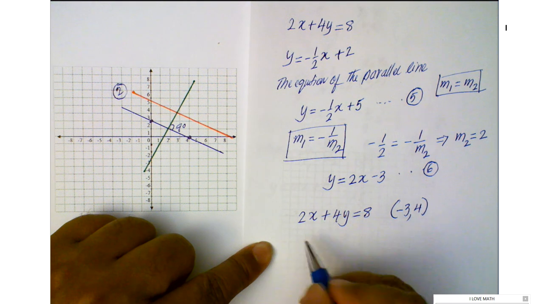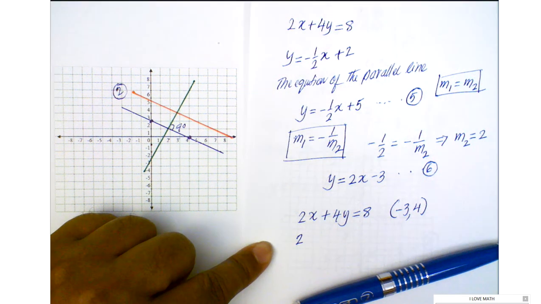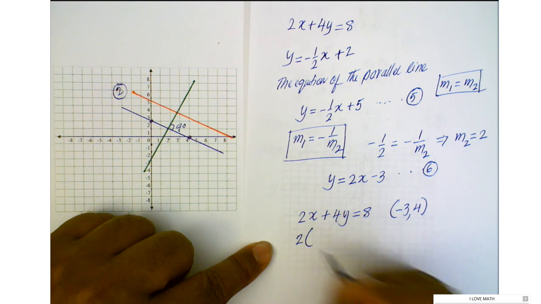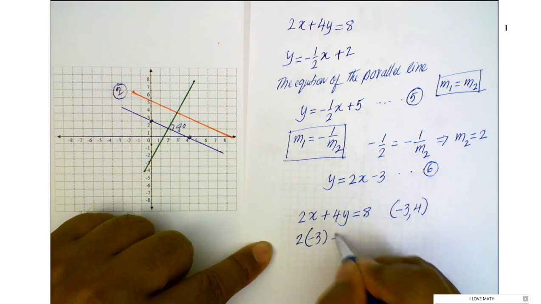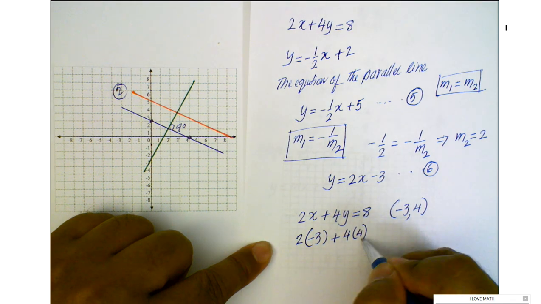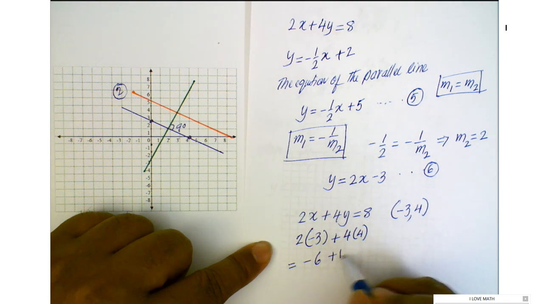Let's see. So 2 times negative 3 plus 4 times 4 equals negative 6 plus 16.